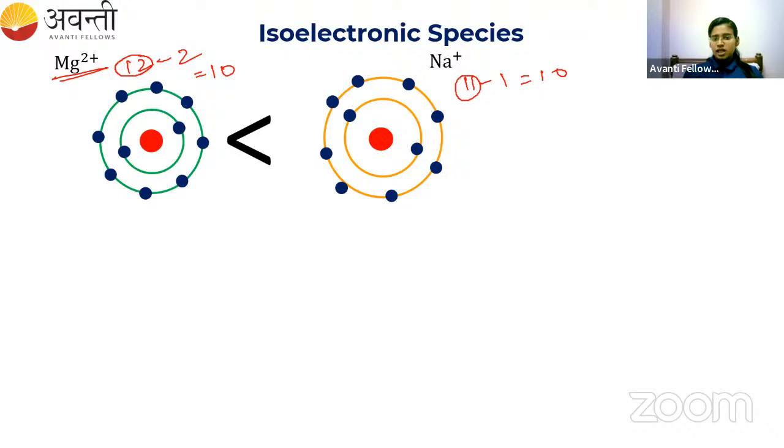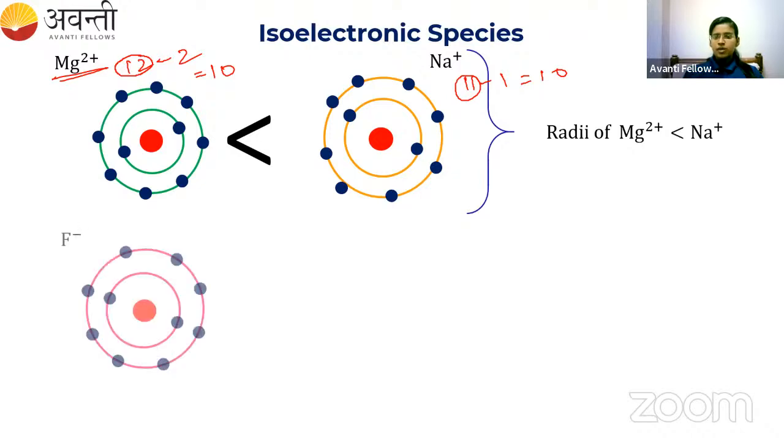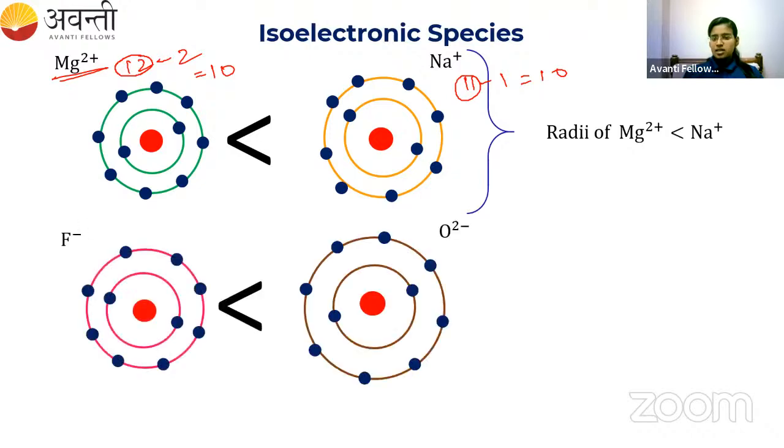So sodium is greater in size compared to magnesium. Okay, so this is the order. And if I compare F minus and O2 minus, the atomic number of oxygen is very less. So that's why it has the highest radius value. Clear? Any doubt from this for anyone? I hope it is clear for all of you.